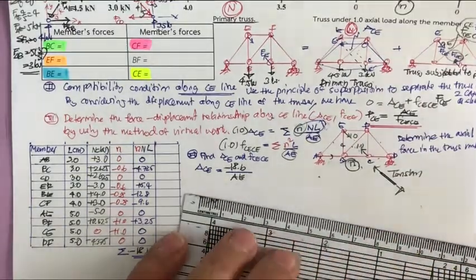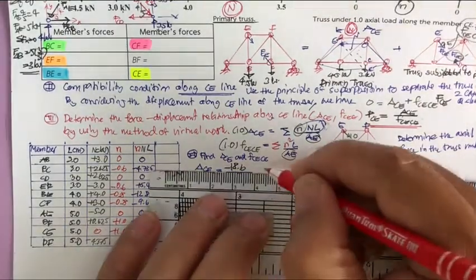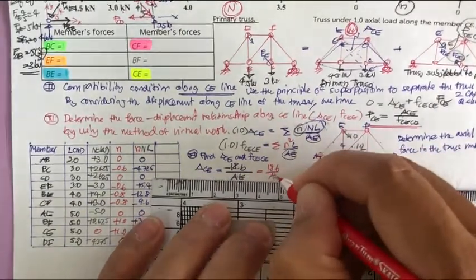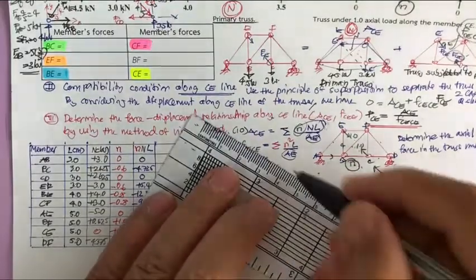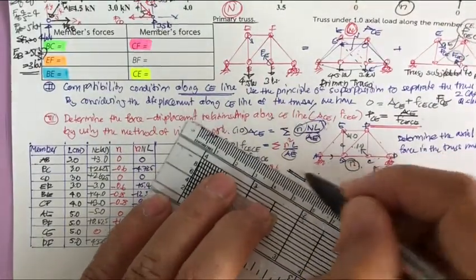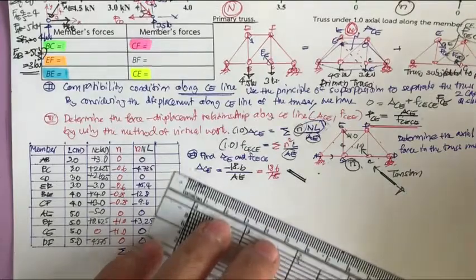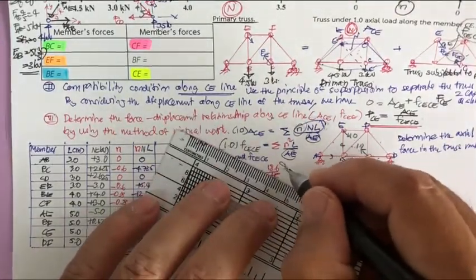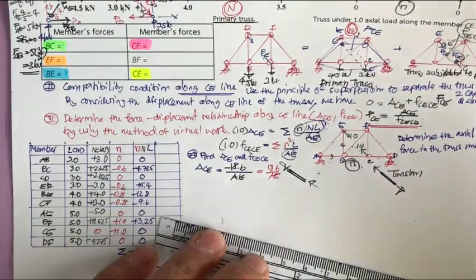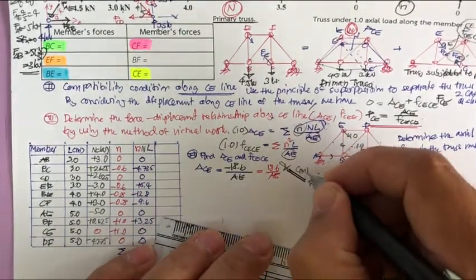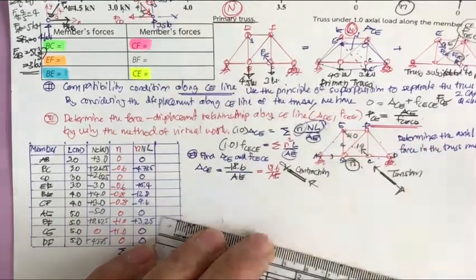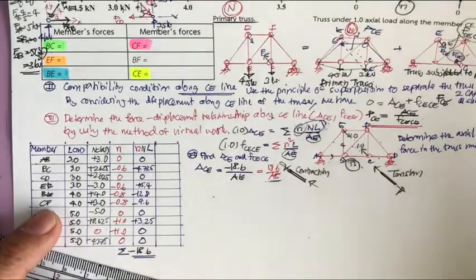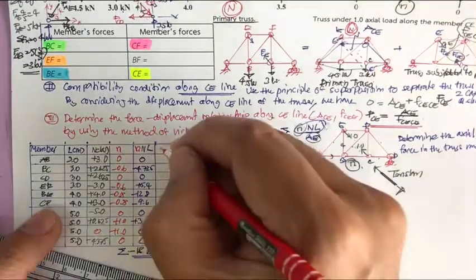If this is negative, so this is going to be equal to 18.6 over AE, but the member now is in the opposite direction, so the force is going to be in compression, and this one is going to be in contraction. It's negative. Okay, another one, you get n squared.